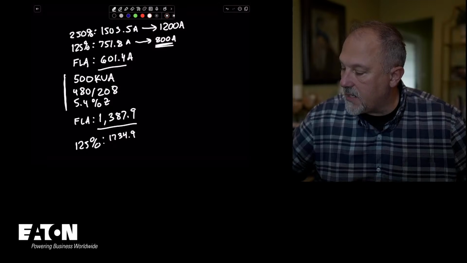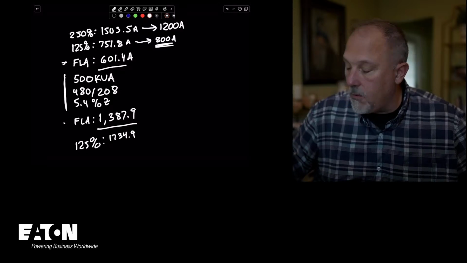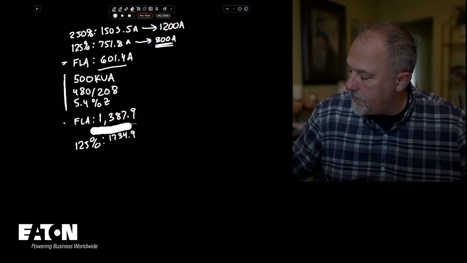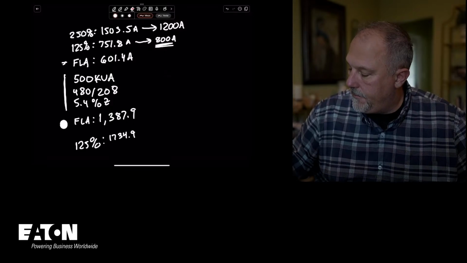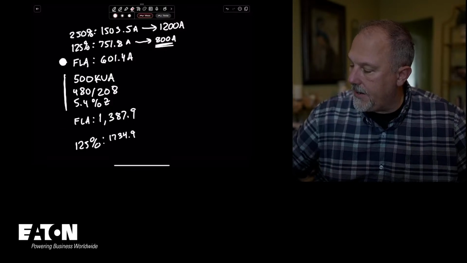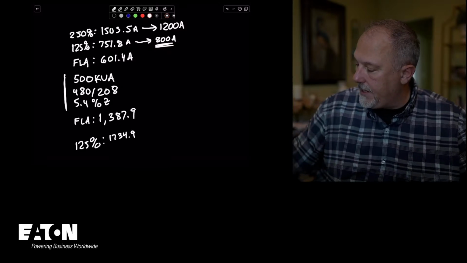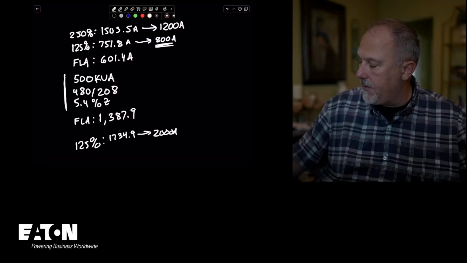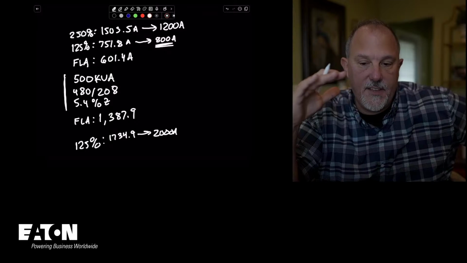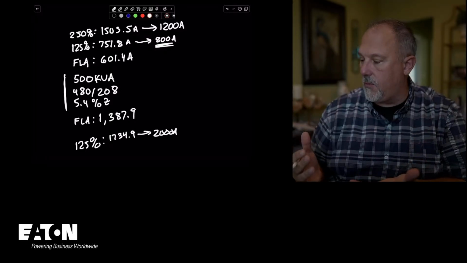So these are my basic parameters of my transformer. There's my full load amps on the primary, my full load amps on the secondary, and then I have my 125%, 250% numbers, what that yields, and then this is going to be a 2000 amp breaker on the secondary. All right, so that basically gives me my numbers for around the transformer.